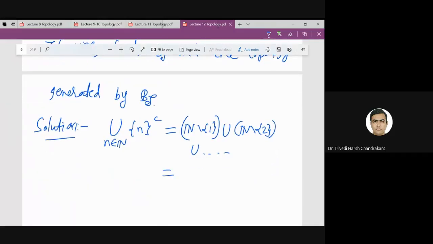What will be the union of all these sets? Is it the set of natural numbers? Yes, it is the set of natural numbers, right? Is it clear? I hope it is clear to everyone.